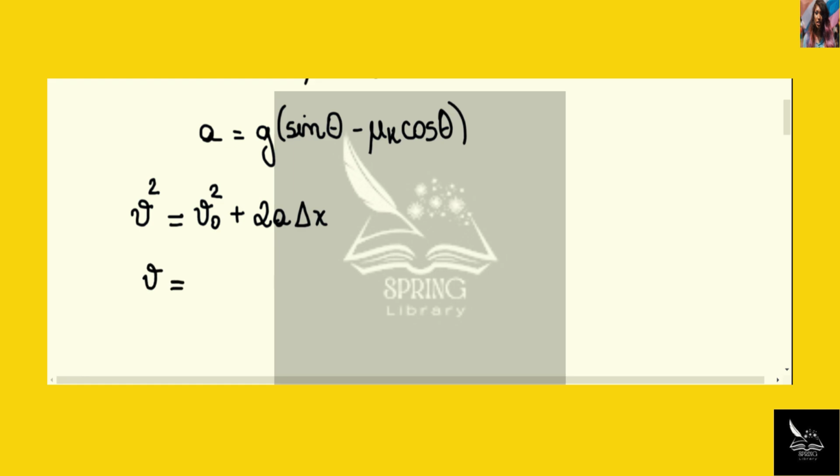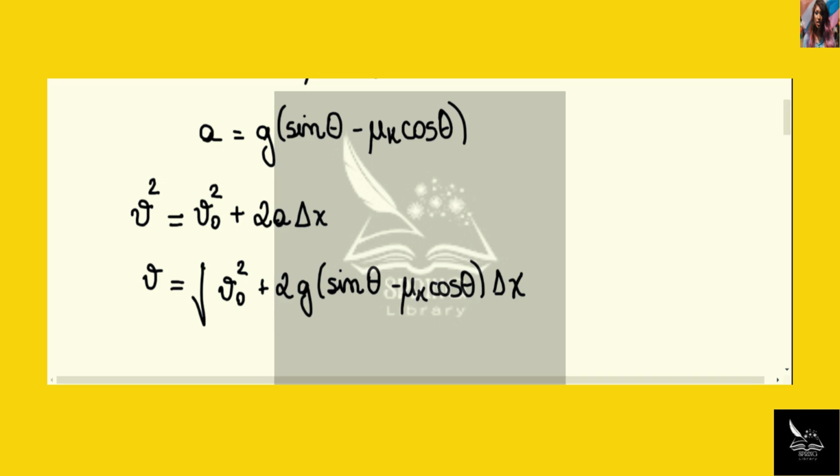In our case, we want to find v, so v is equal to the square root of v0 squared plus 2 times a, which is g times sine of theta minus mu k times cosine of theta, times delta x.